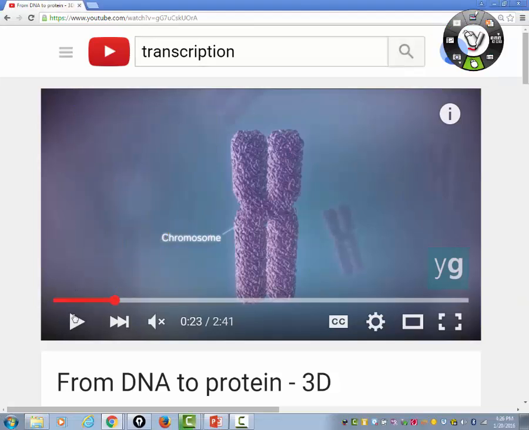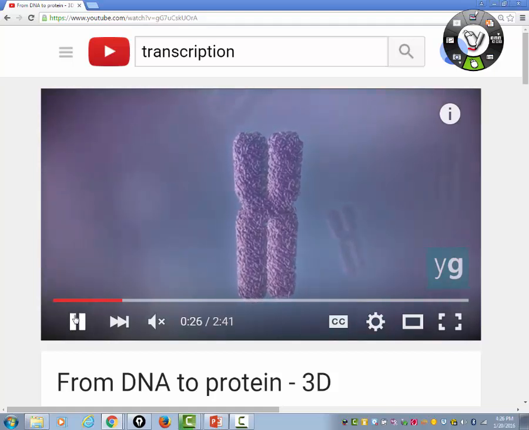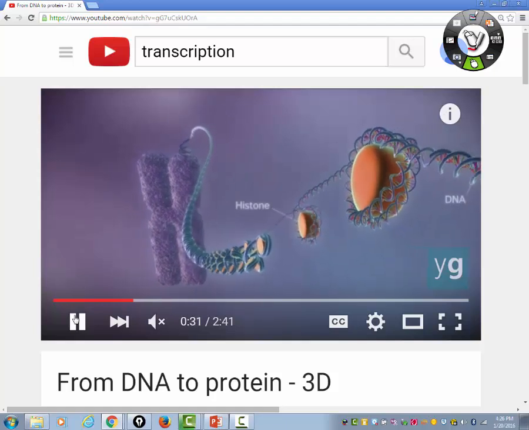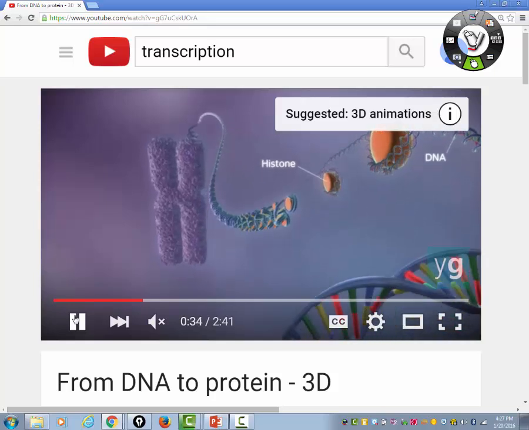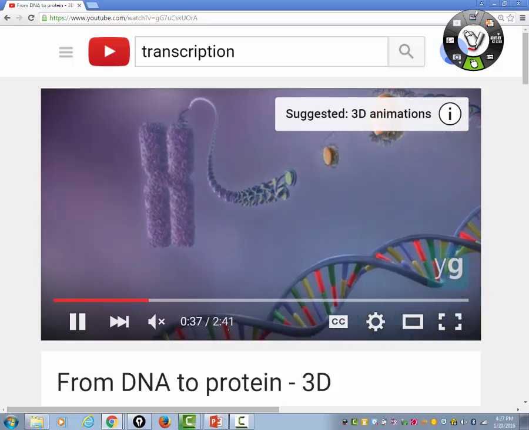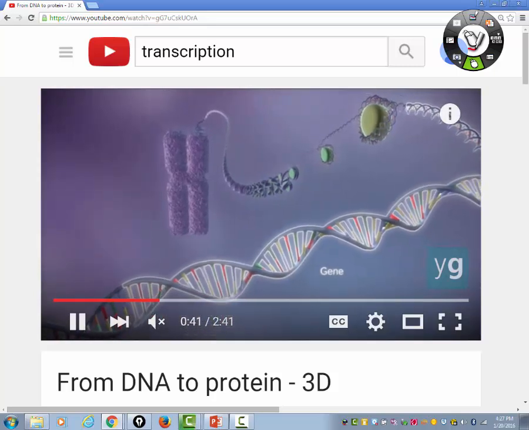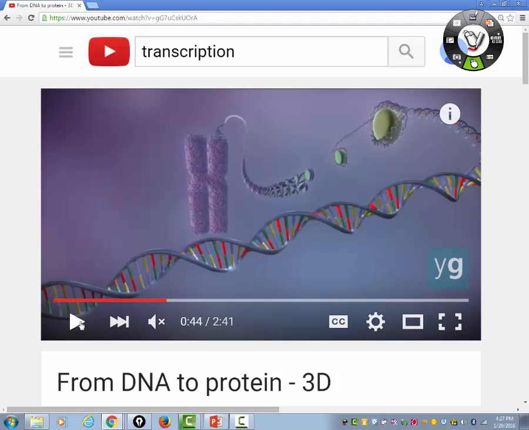Now, let's get into this a little bit. Remember, DNA, big molecule, made up of those 4 bases, adenine, guanine, thymine, and cytosine. So you look here at a huge, long DNA molecule. We are looking now at a section of DNA. This is important.